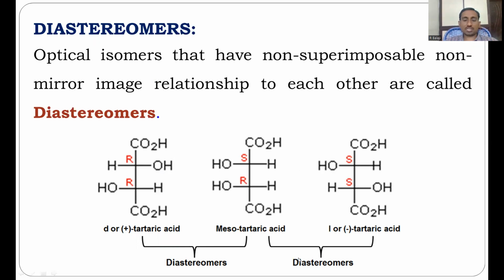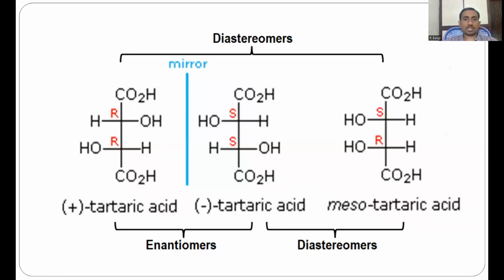It is clearly understood for another type of system, where all possible structures with mirror image relationships are compared side by side. Here plus or D-tartaric acid and minus or L-tartaric acid are mirror images but non-superimposable. It is called enantiomers.